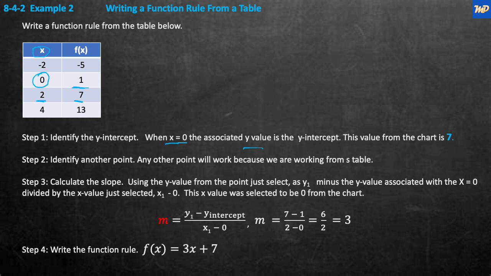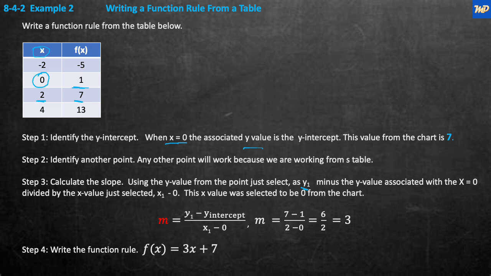So calculate the slope using the y value from the point you just selected as y sub 1, the end point, minus the y value associated with the x equals 0 point. And divide by the x values just selected, x sub 1 minus 0.